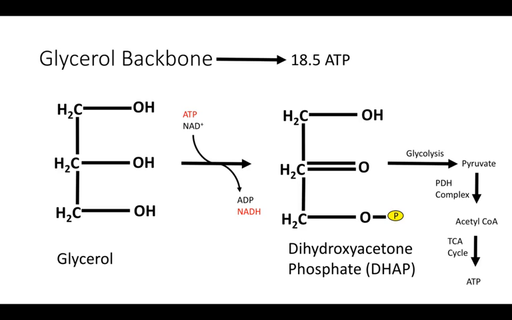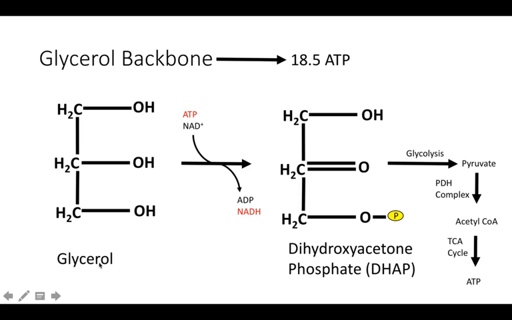So then the last part is the glycerol backbone. And so this is a feeder mechanism that we have to know, or a feeder pathway, I should say. And this is going to end up giving you 18 ATP. And just a brief explanation on that.